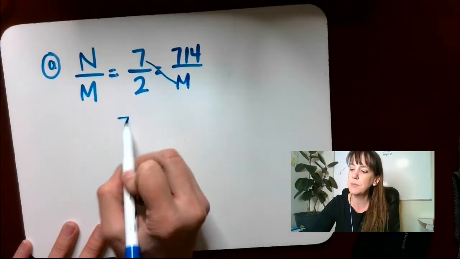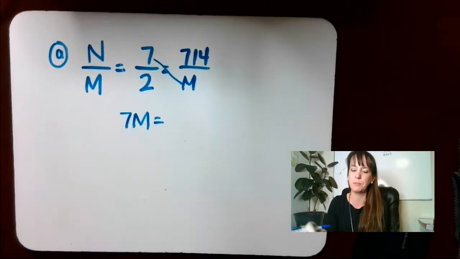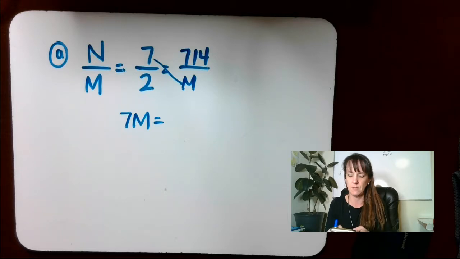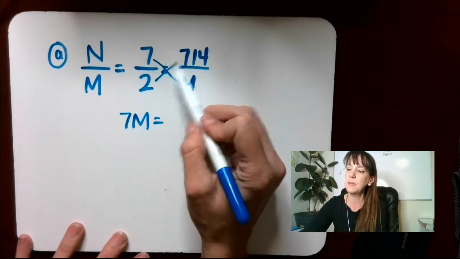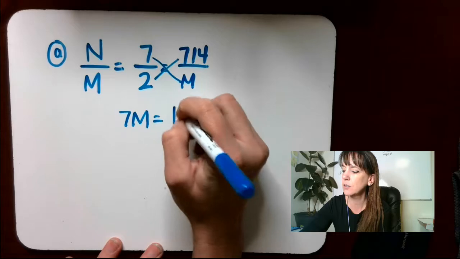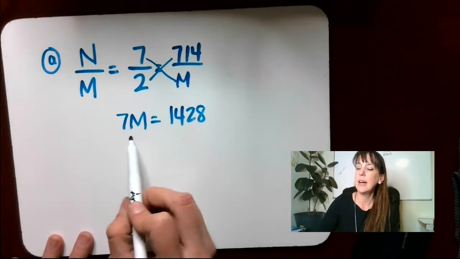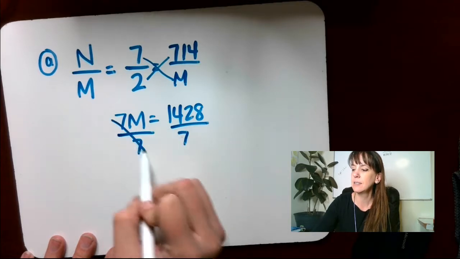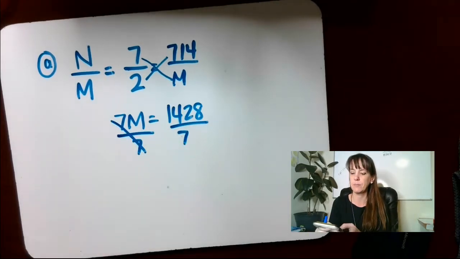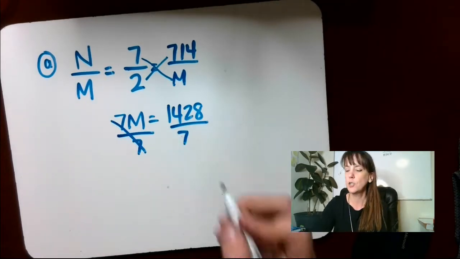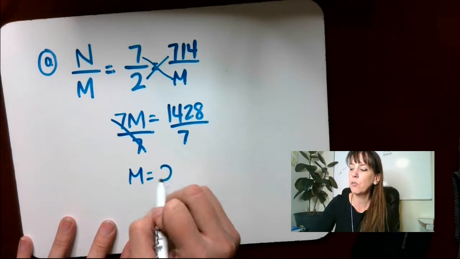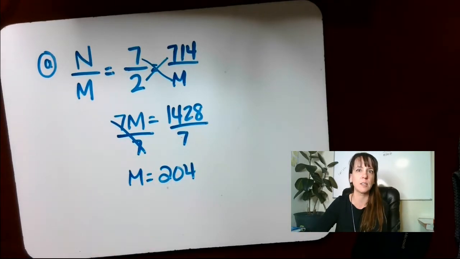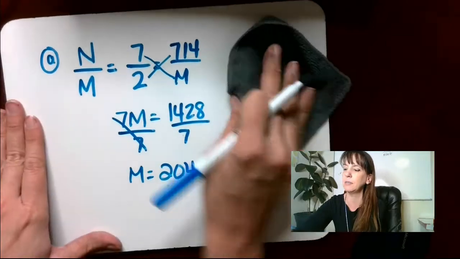This times this gives me 7m equals this times this, which gives me 1428. Now, opposite of multiply, divide. So we're going to divide both sides, and we end up with 204. There were 204 masters at the tryouts. That's the complete sentence you should write down.